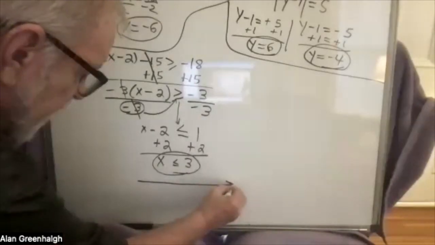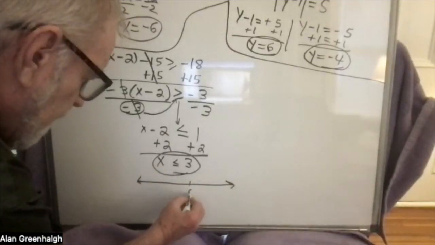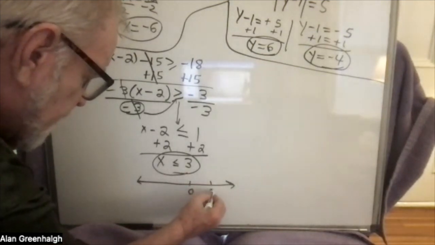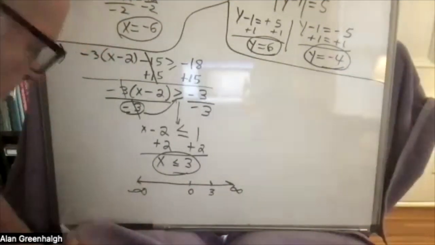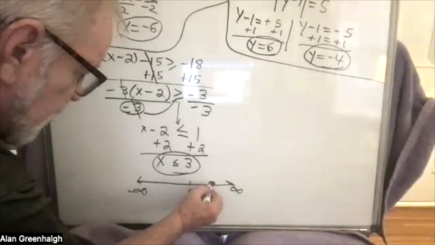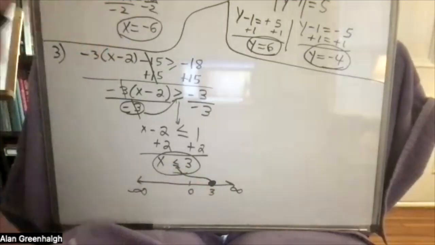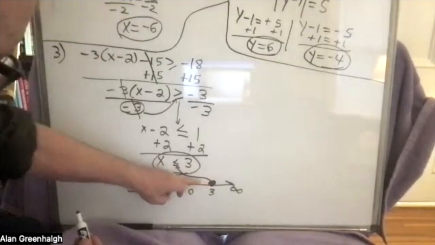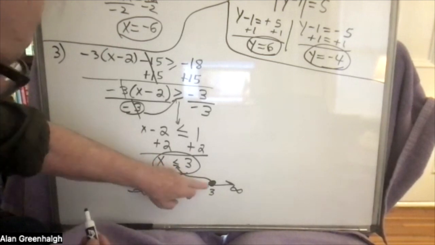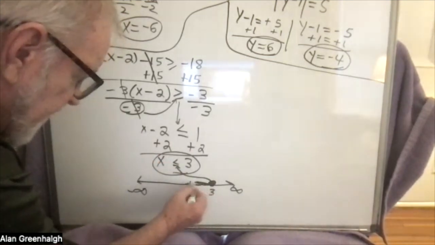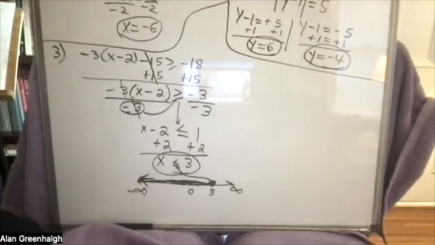First, graphically, on a number line. And here's 3. It doesn't have to be perfect. This is infinity. This is negative infinity. So we want it shaded in because of that line underneath the inequality sign. Shaded in, and then less than, all the way back here like this. This is the graph on the number line.